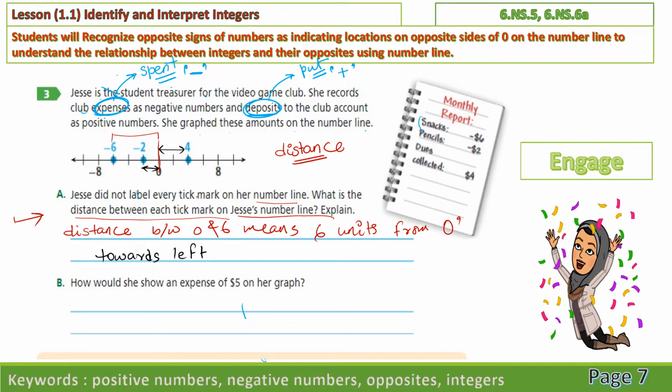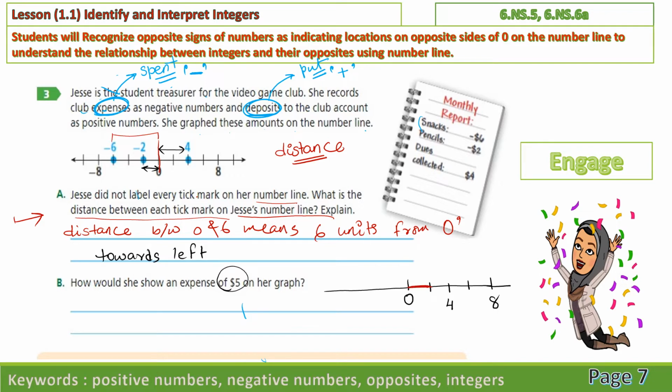How would she show an expense of $5 on her graph? Now look at this one and try to understand. Here 0, right? Okay, now she is writing here 8 and here she is writing 4. So can you recognize how much one box equals to?